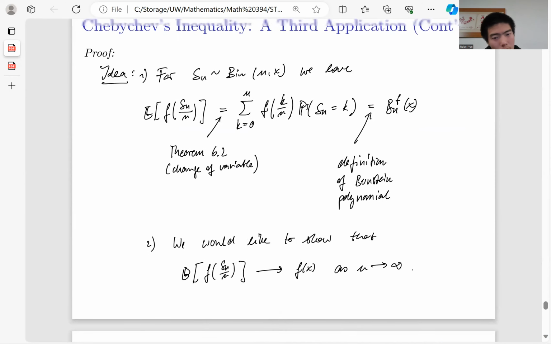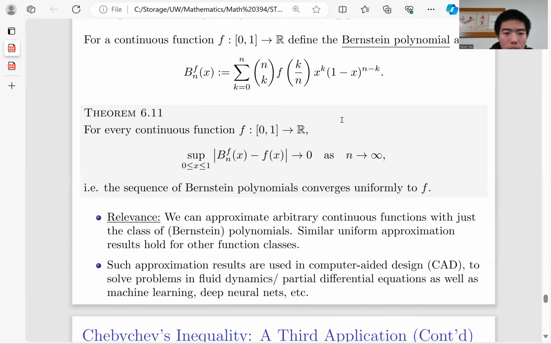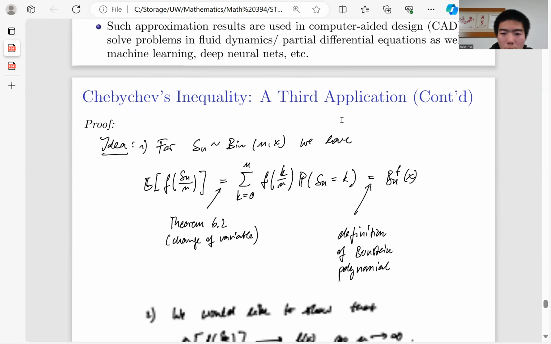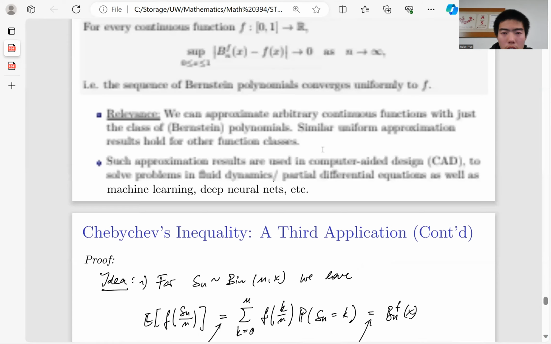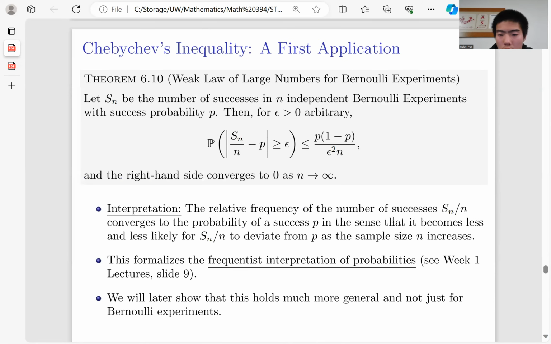So what we first do here is to express the Bernstein polynomial in terms of Sn equal to k, where Sn is defined as here. Sn is the number of successes in n trials.